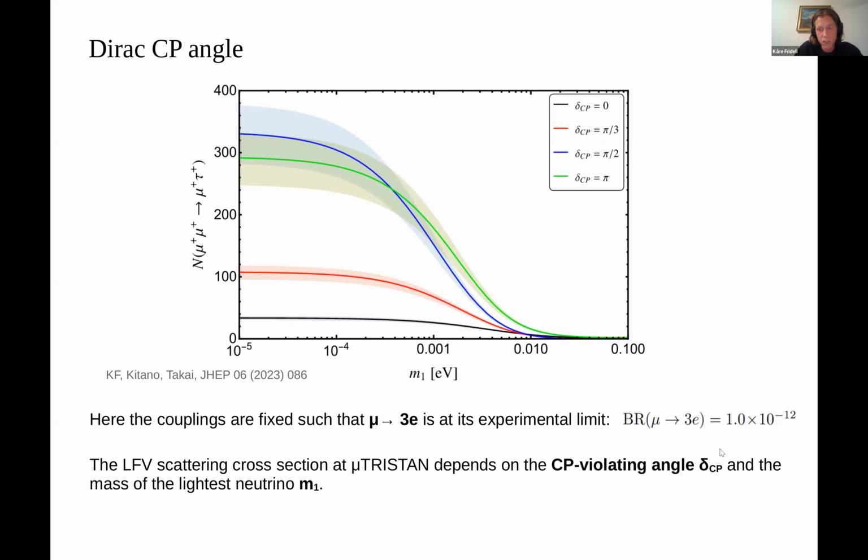If the real branching ratio is close to the experimental limit, you would expect several hundred events at mu-Tristan for non-trivial values of this angle. The examples I showed earlier were all for delta CP equals 0, where you would expect not so many events. So the point is that it changes highly depending on this angle, and if you know more about the model you're looking at, this can be used to constrain the value of this parameter, hopefully.